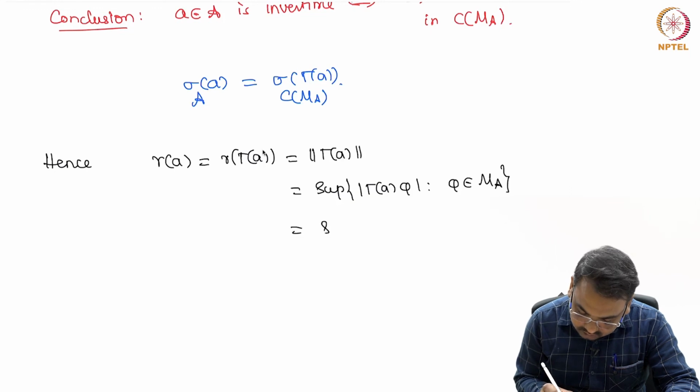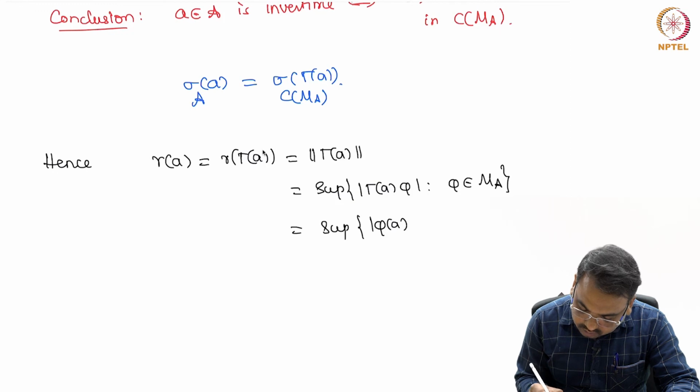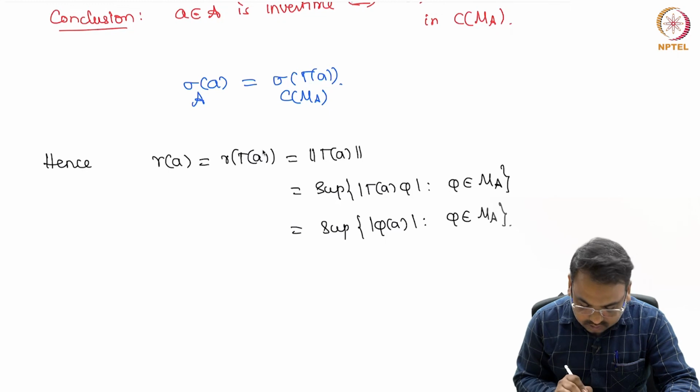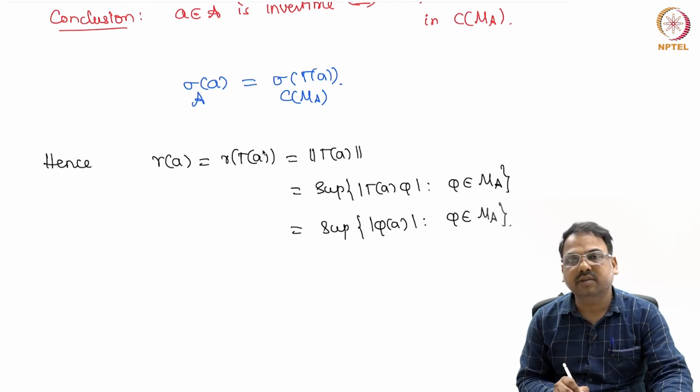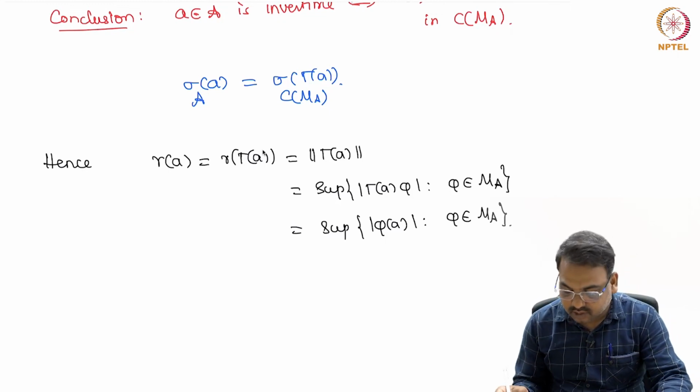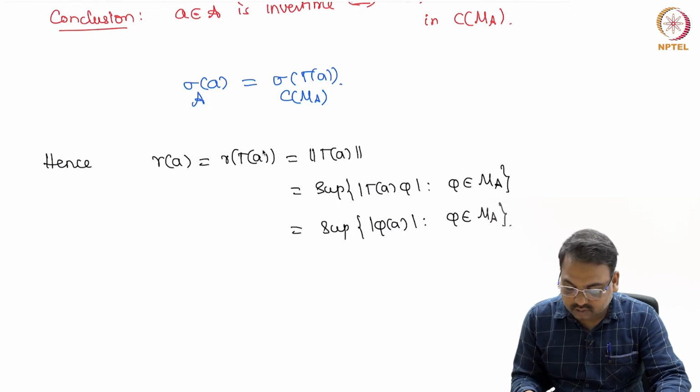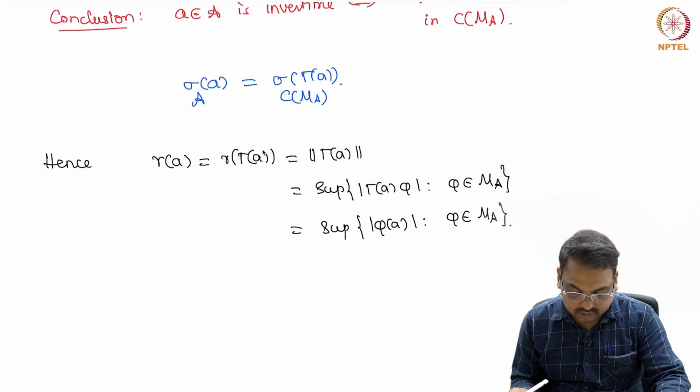So this is nothing but the supremum of the modulus of phi of A. Okay. So we can find the spectral radius using the multiplicative functionals when we have a commutative unital Banach algebra.